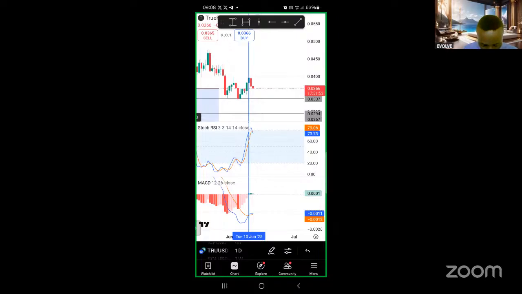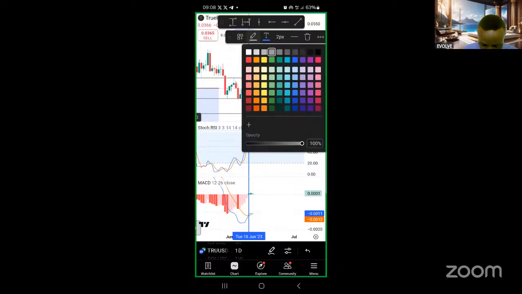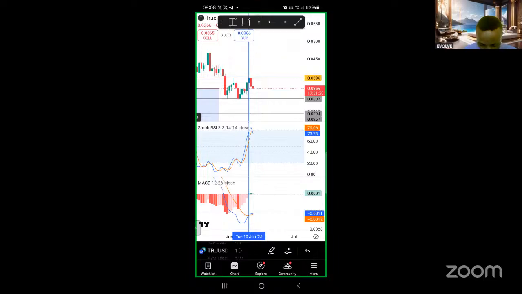Now, this is where we now draw the resistance lines. We said resistance, come up, come here on the current price, then go up. Where did the market reverse from? We have the recent one from there. Let us change the color of that. We shall put yellow.